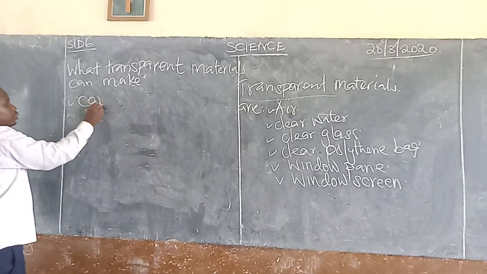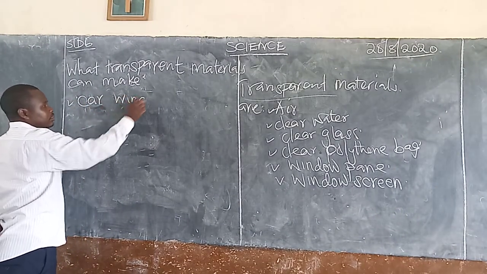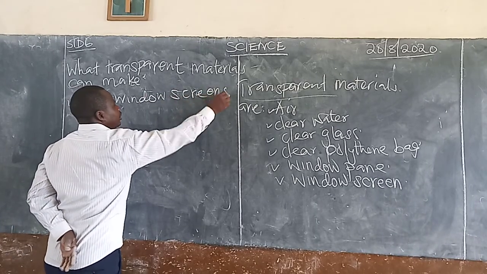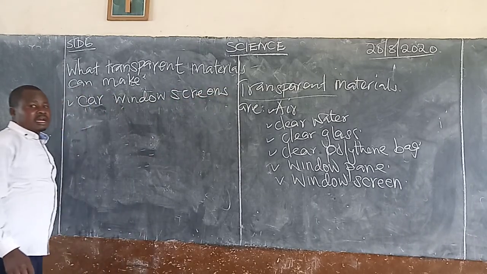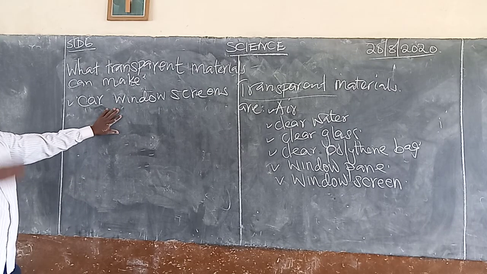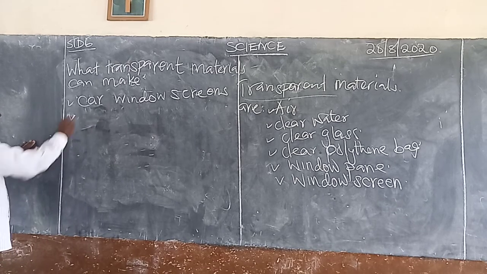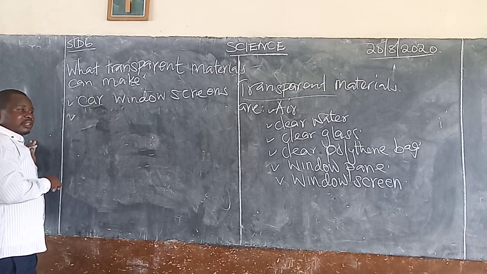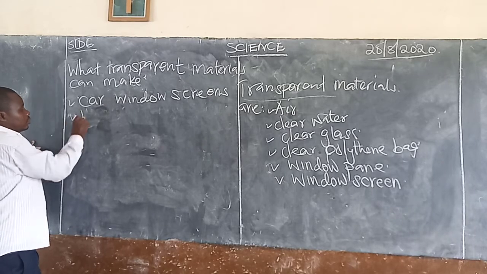I know you know the car window screens, which means you can see light through them. Then we have also the window panes, those are the ones at the window.